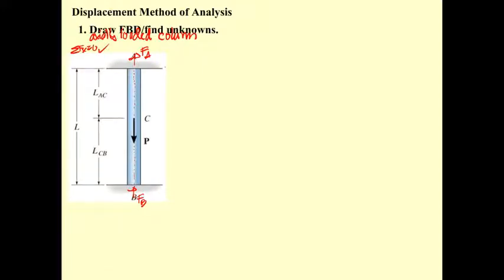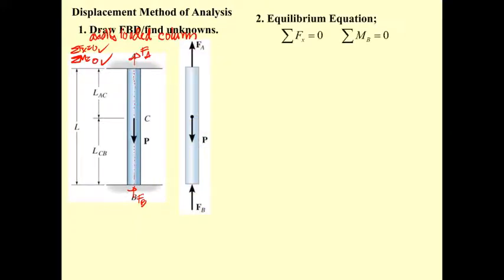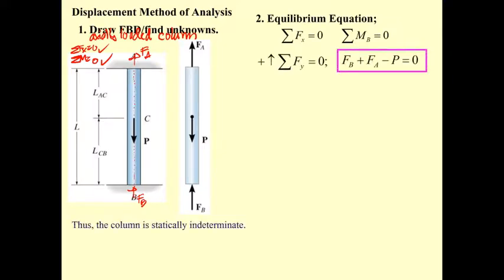That's correct. And also you have summation of moment equal to 0. Also correct. And then the one equation left is summation of F sub Y equal to 0. So we get this equation: F sub A plus F sub B upward, minus P, equal to 0. This is called statically indeterminate with degree of indeterminacy equal to 1.